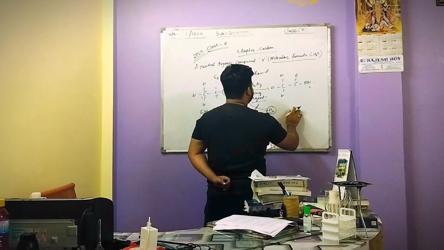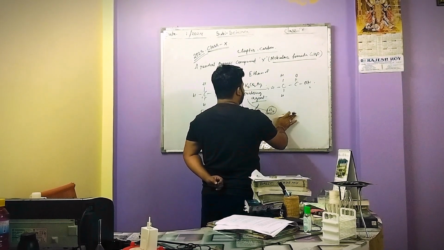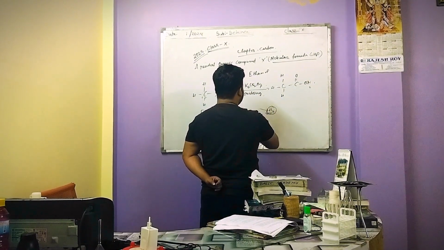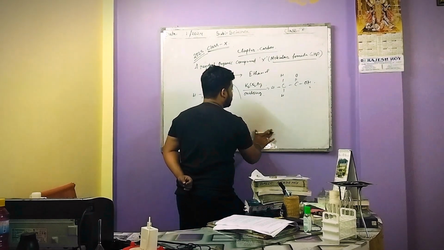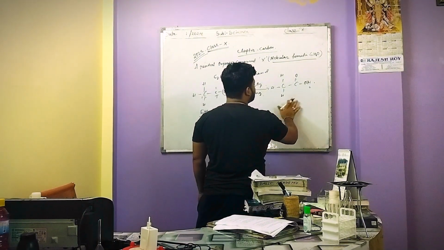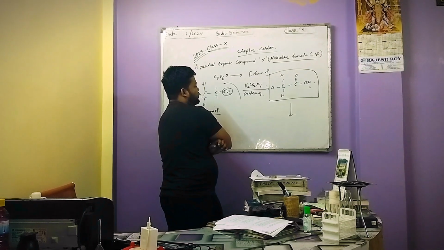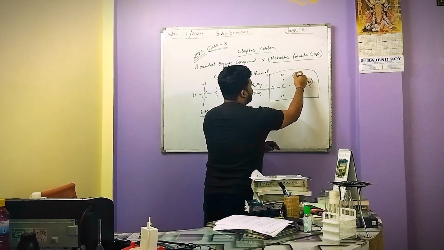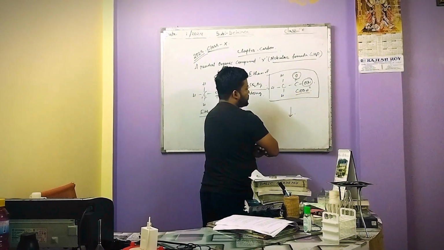Now, what is the name of this compound? This is a weak acid, we can say COOH. How many carbons?